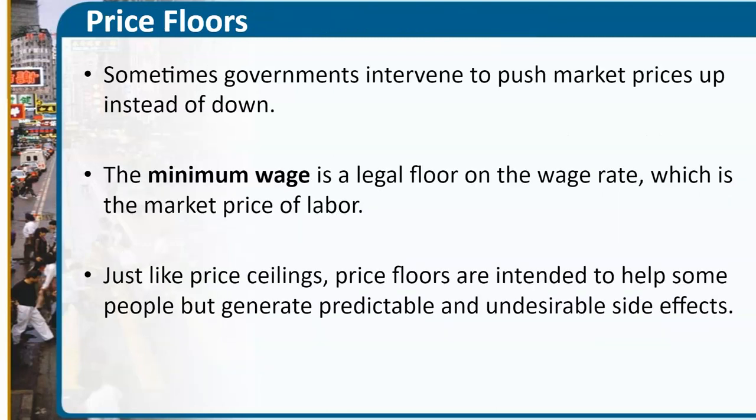Now, if we look to price floors, this is the idea of a minimum wage and price control on the other end, where there is a minimum that can be paid. Sometimes governments have to push market prices up, and in this case, the minimum wage is that floor of the wage. And as I mentioned, the national government sets this minimum wage at $7.25 an hour.